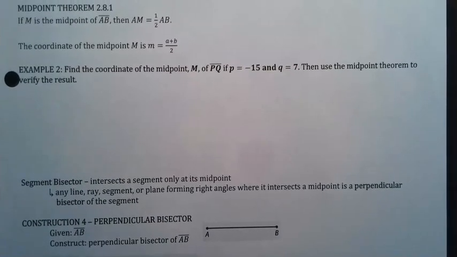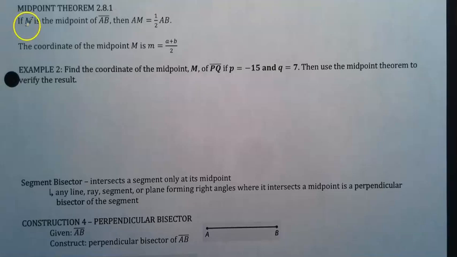So the midpoint theorem, 2.8.1. I'm sure I've showed you, this theorem is from section 2.8, and then it's .1 because this is the first theorem that's given to you in this section. So we might have a 2.8.2. The numbers don't really mean anything, it's just where we're learning them.